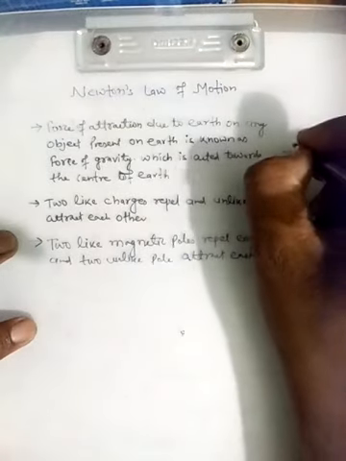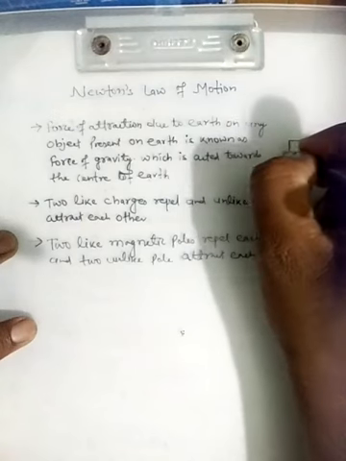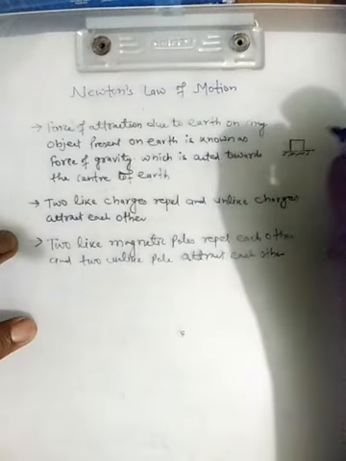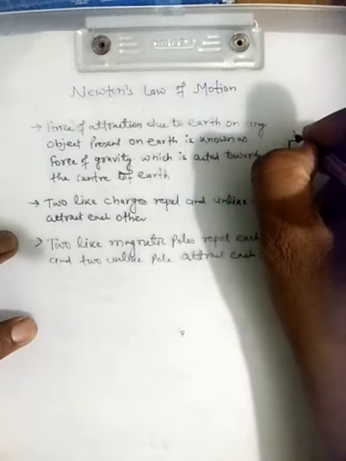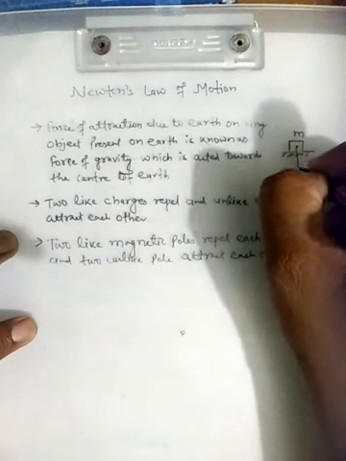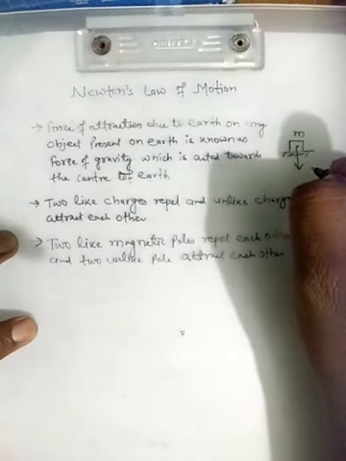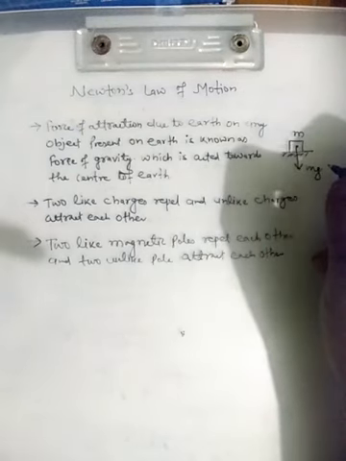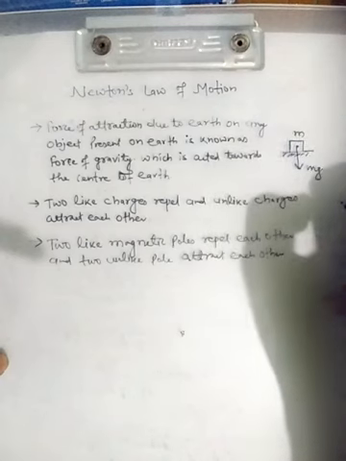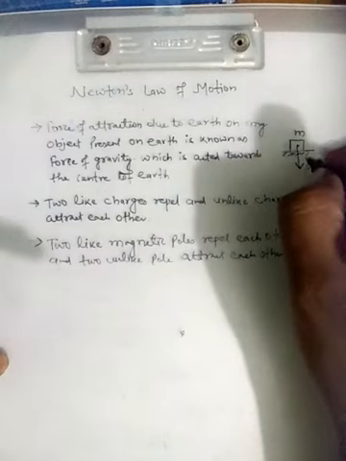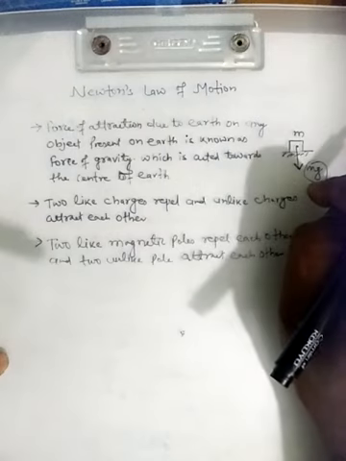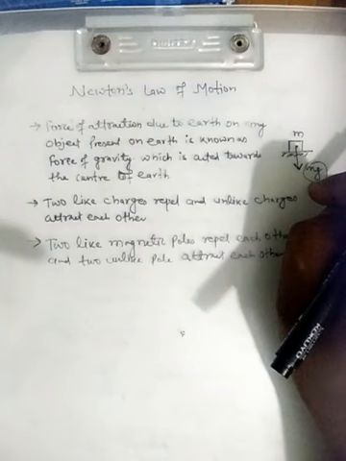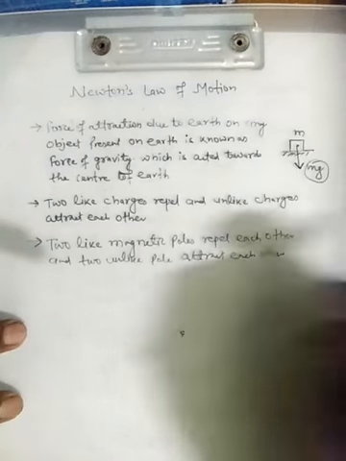If an object of mass m is placed on a horizontal surface, the force of gravity acts downward, and its value is mass into acceleration due to gravity, mg. This is the weight of the object, which always acts in the downward direction, towards the center of the earth.